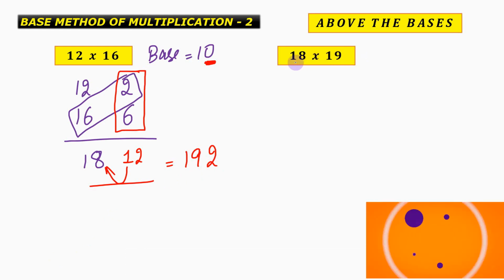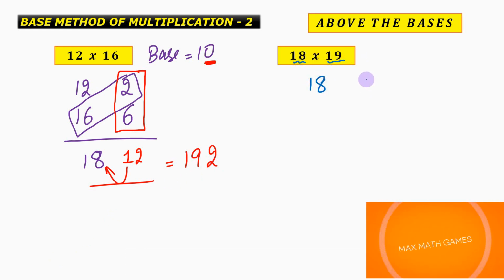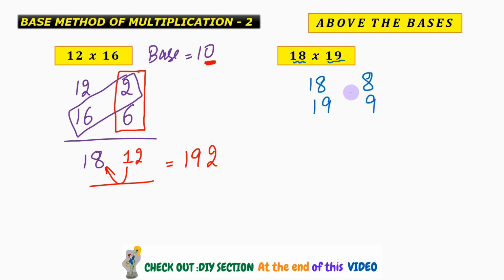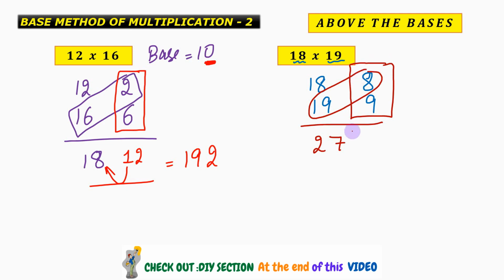Now similarly for the question 18 into 19, now 18 is 8 more than 10, so we will write 8. 19 is 9 more than 10, so we will write 9. Now 19 plus 8 is equal to 27, so we write 27 over here, and 8 into 9 is equal to 72, so we write 72.